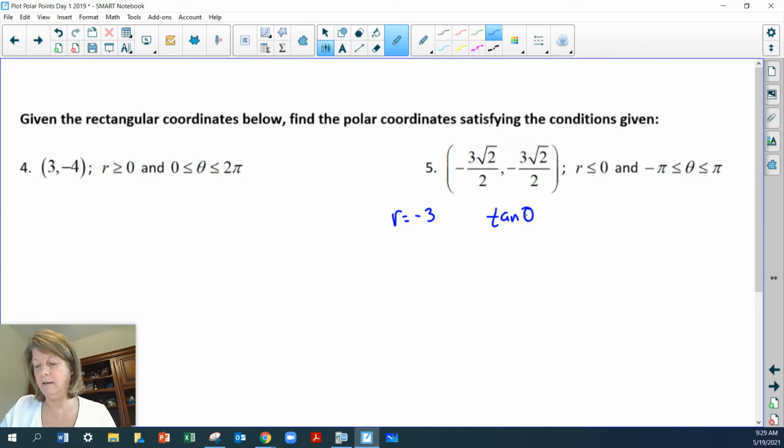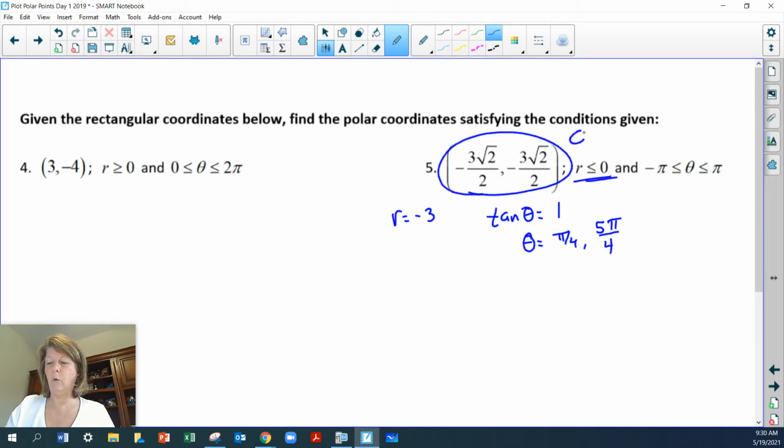Now we got to go find our theta. Tan theta equals y over x, same over same. That's going to give me a 1. That can occur at pi over 4, and also in the third quadrant, which would be 5 pi over 4, because they would both be negative x and negative y there. Now, we need that.